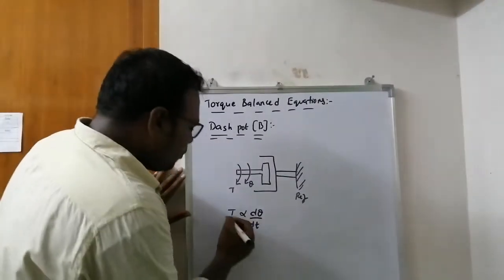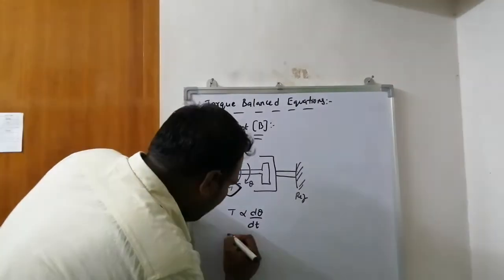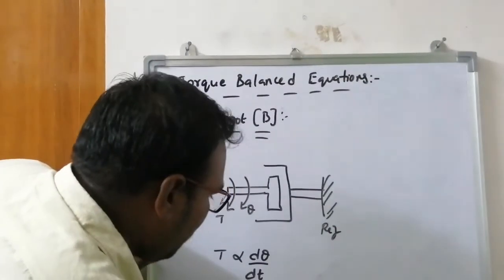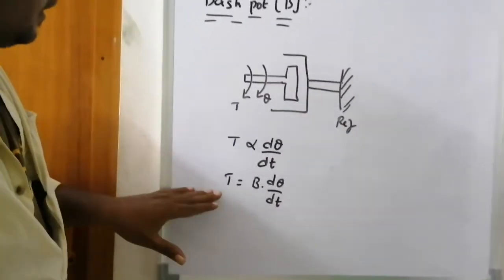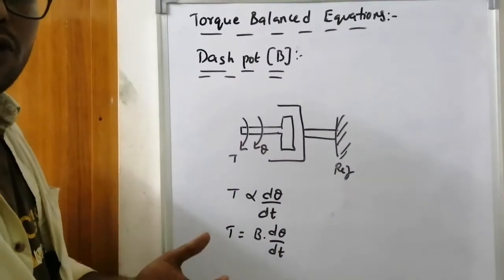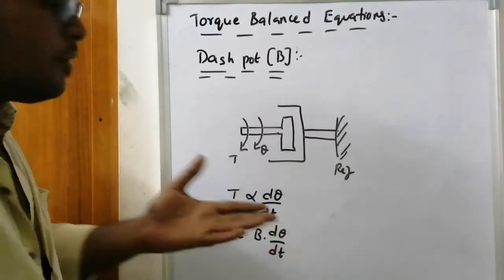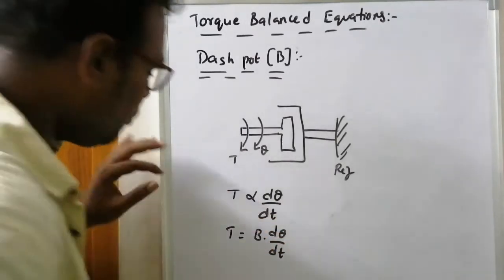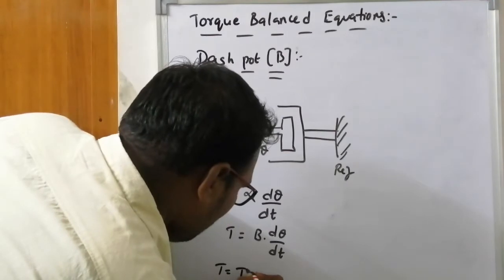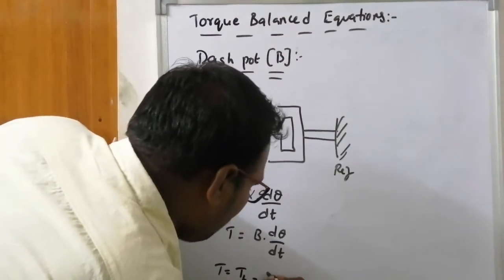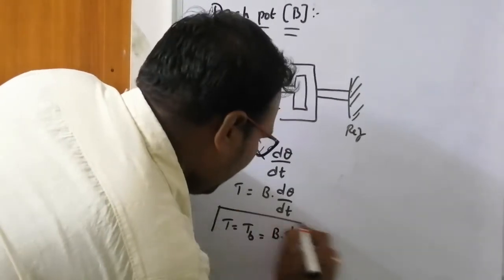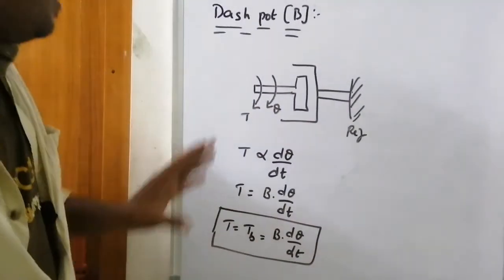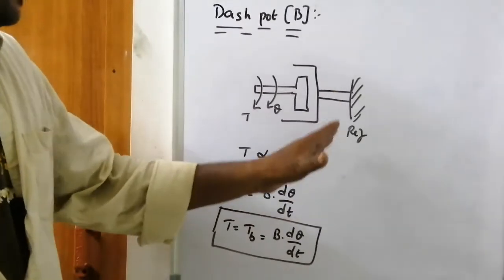To remove this proportionality, we add a dashpot constant B, so T is proportional to d theta by dt. The applied torque equals the opposing torque, so from Newton's second law, T is equal to TB, which is equal to B into d theta by dt.